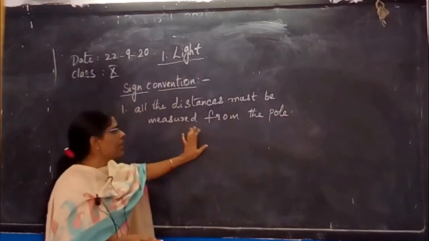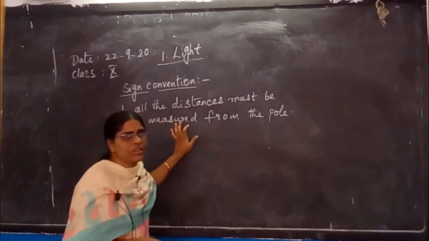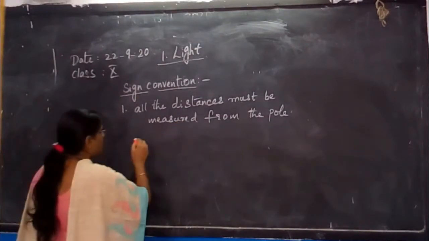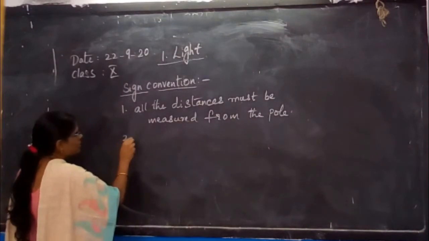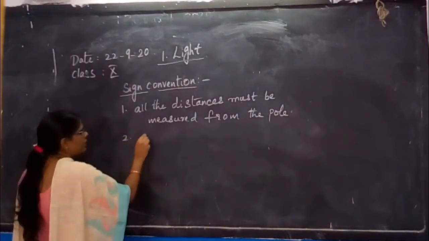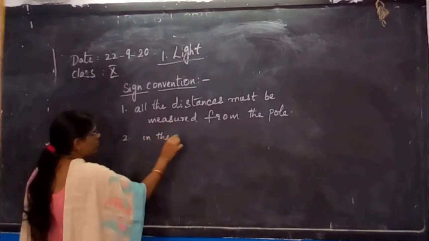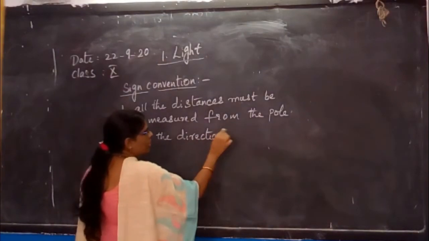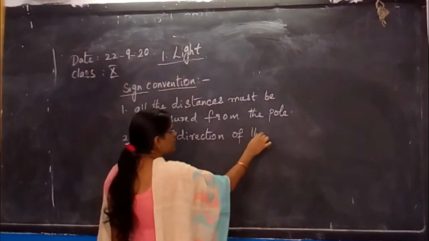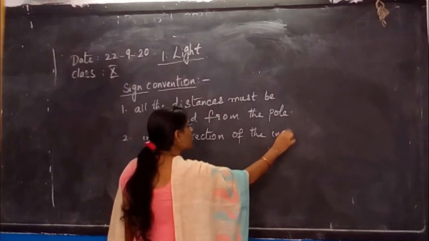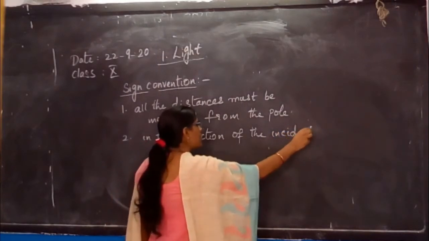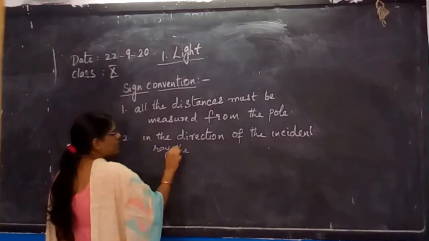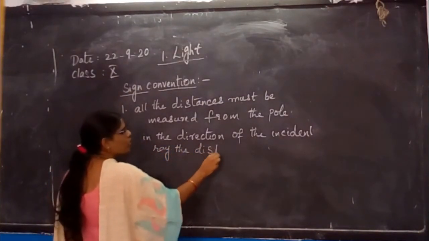In any method, you must follow these rules in order to solve the problems. All the distances must be measured from the pole. Second, in the direction of the incident ray, the distances are to be taken as positive.